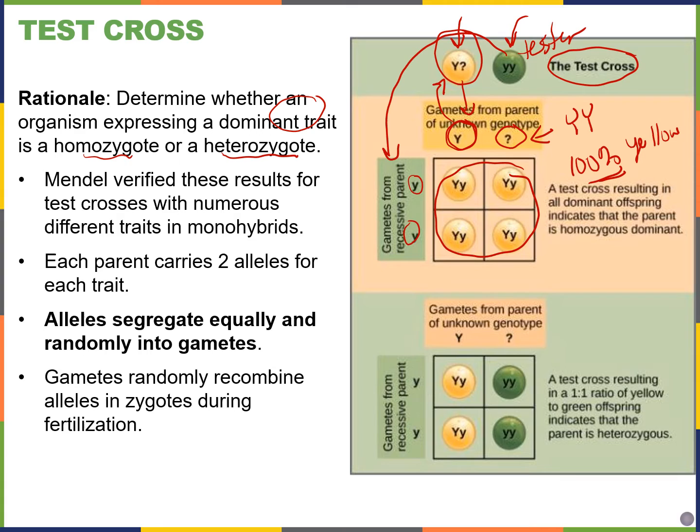But if this is my unknown individual, and this is my gametes for my tester, if I see any green seeds, then I know for sure that the parent was big Y, small y, that it was heterozygous, because there is no way to get green seeds in your offspring unless the second allele was a small y.